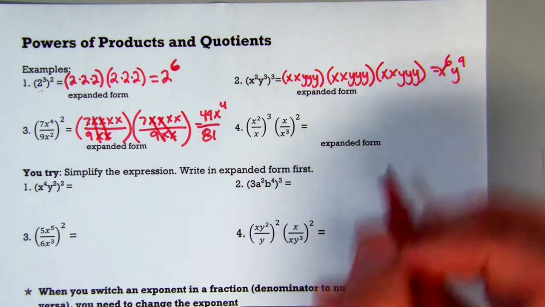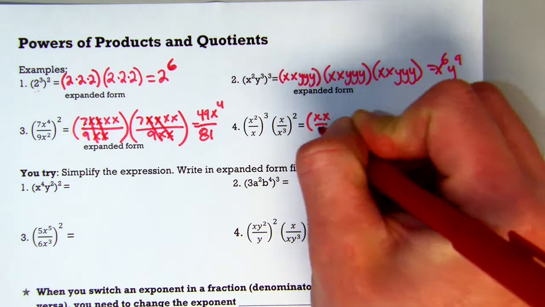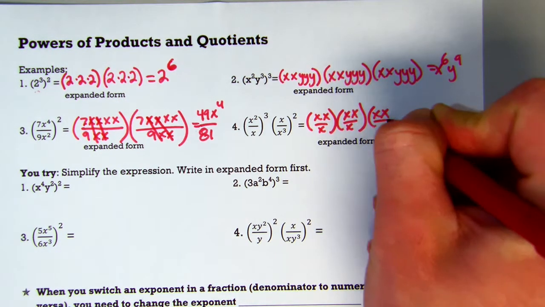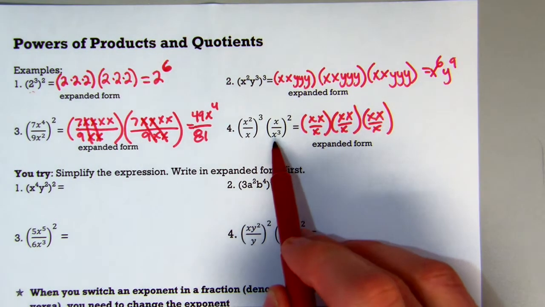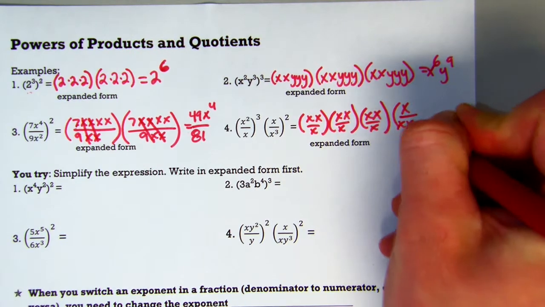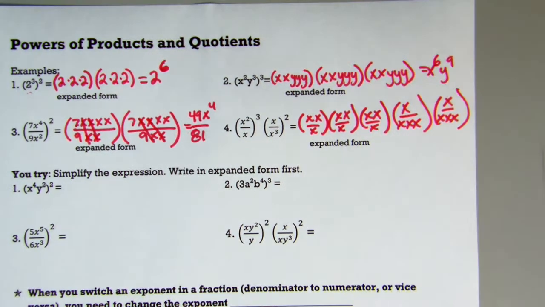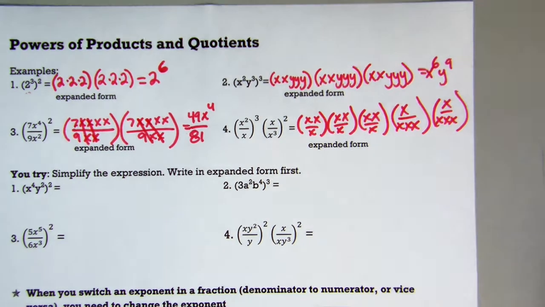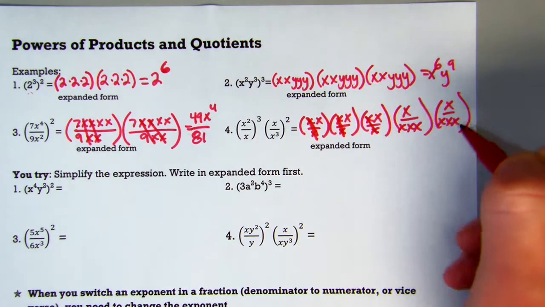Number 4, I have a couple different ones going on here. So take the first one, which is x 3 times. There's my 3. Now I have x over x cubed twice. X 1, 2, 3. The way to do one is just do what's inside the parentheses first.